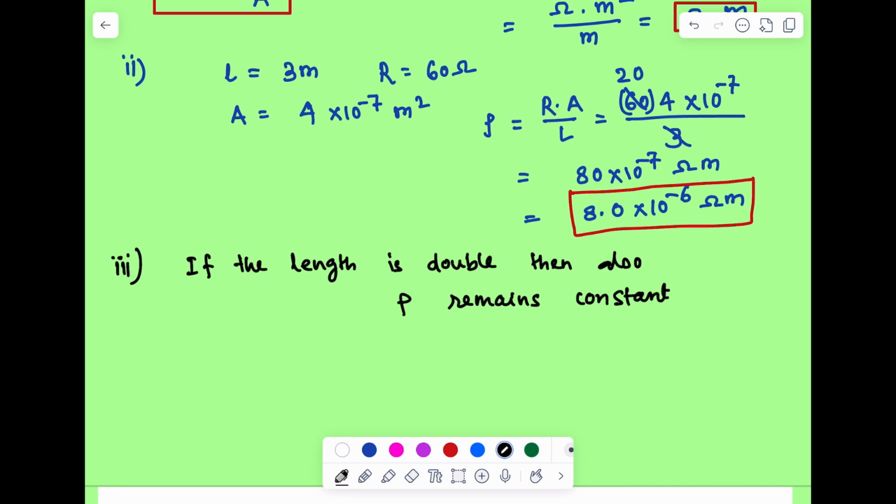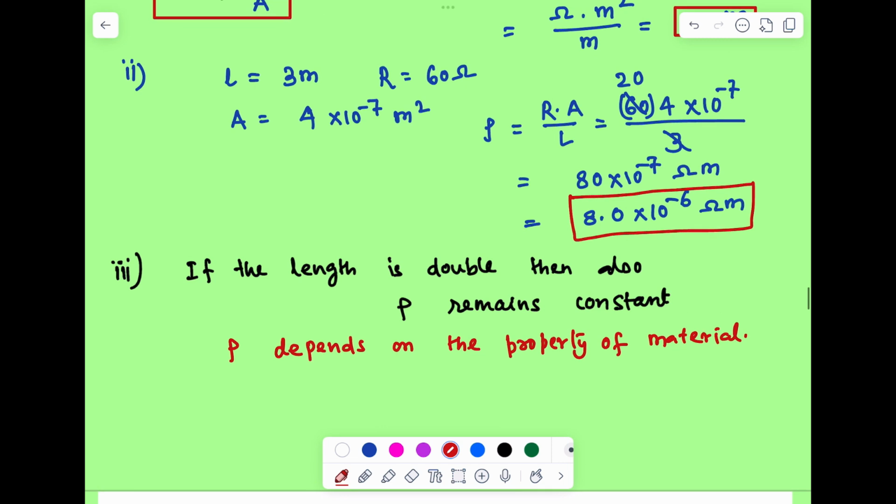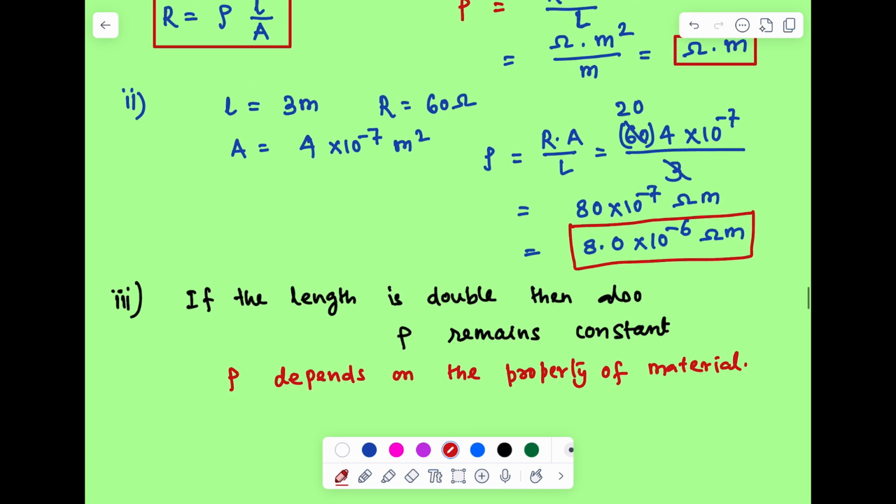It is the property of the material. Rho depends on the property of the material. Until and unless the material is changed, rho remains constant.